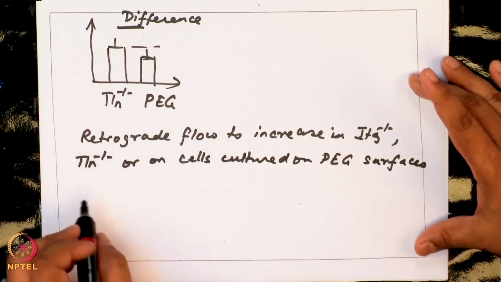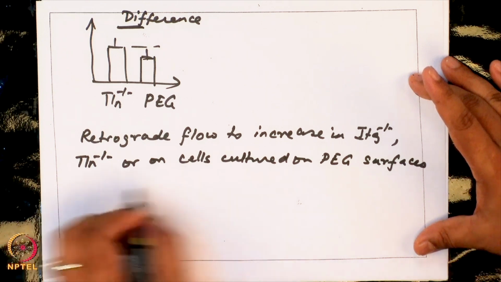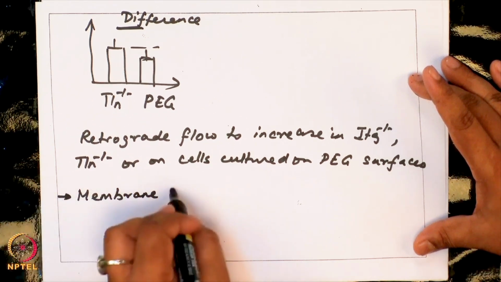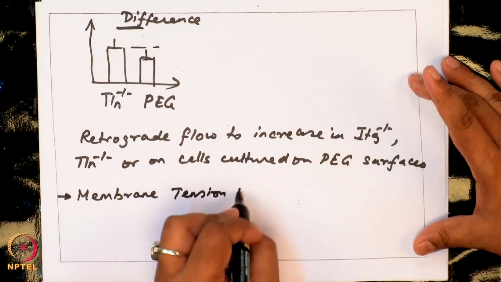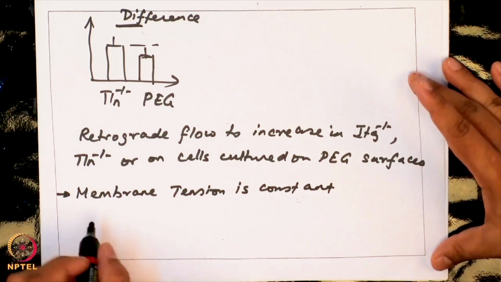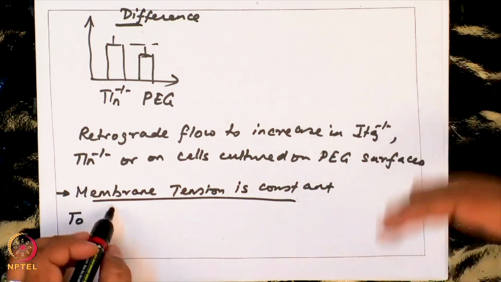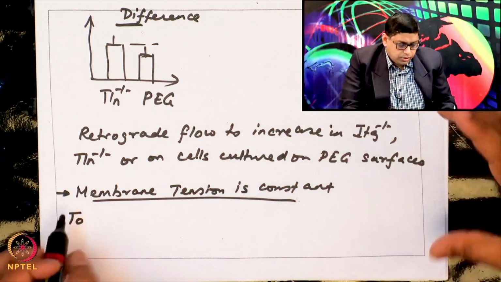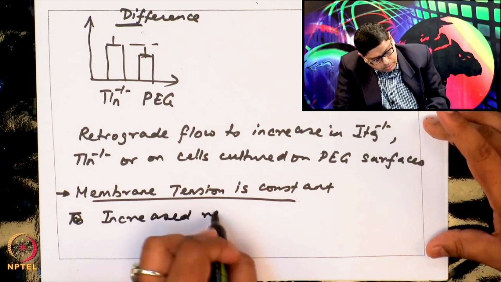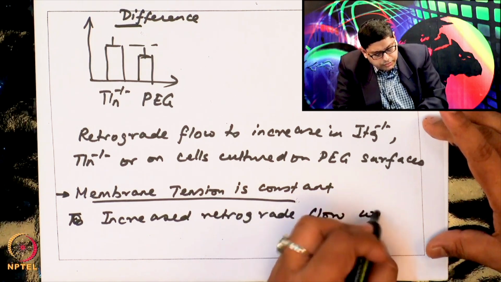There is a possibility that if we assume that membrane tension is constant, then increased retrograde flow would decrease the membrane tension.